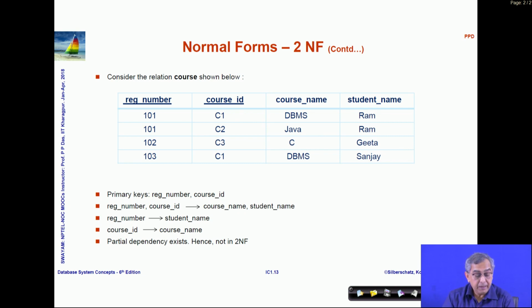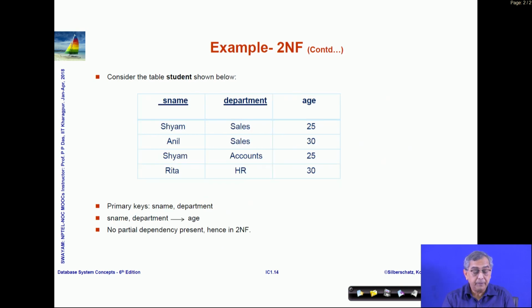But independently registration number decides student name and course ID also decides course name. So, naturally both of these are partial dependencies, because on the left hand side what you have are prime attributes. So, this table design is not in second normal form.